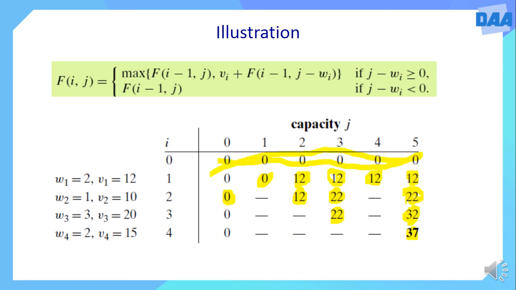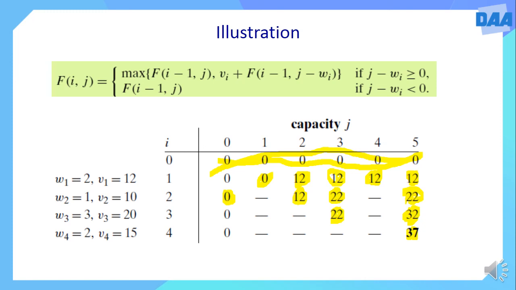So please note here, wherever there is a dash, it means that it is not called. We can observe here that only the required subproblems to get the optimal solution for the original problem are computed.